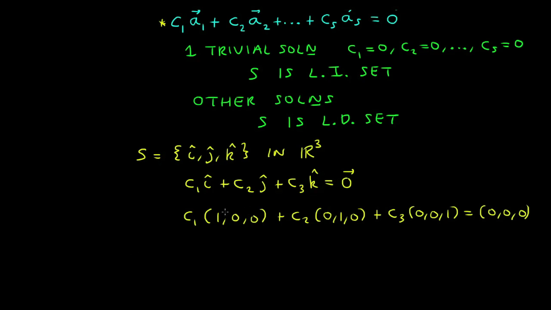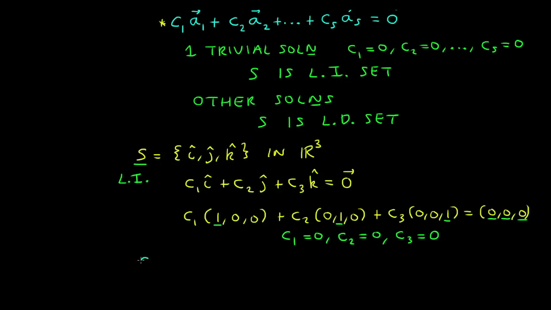As we can see, the only solution to this equation is C1 is 0, C2 is 0, and C3 is also 0. So given we have only the trivial solution, then S is a linearly independent set.